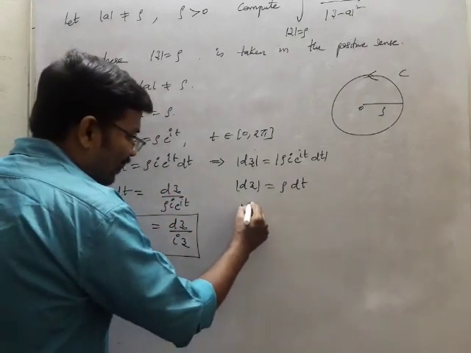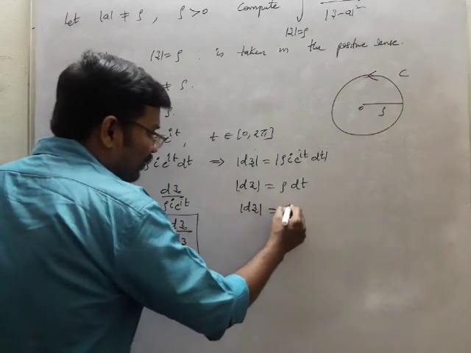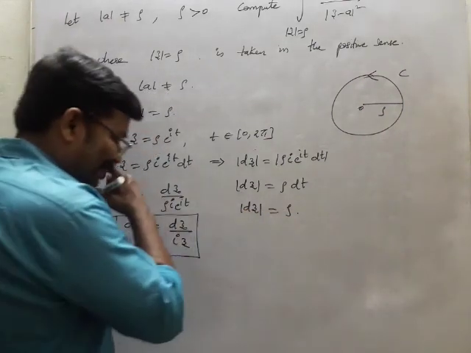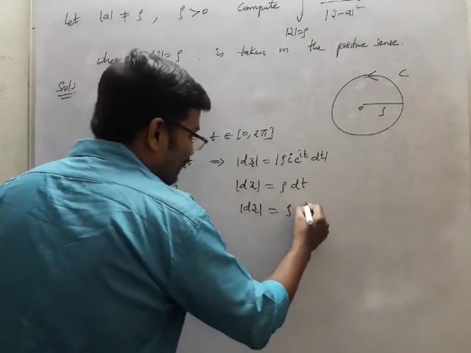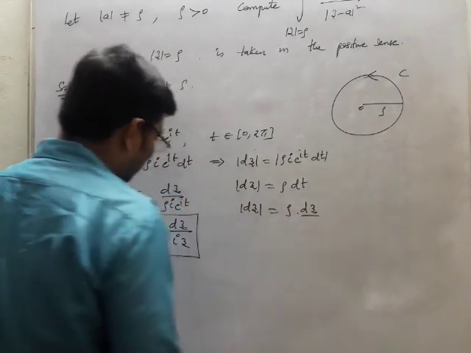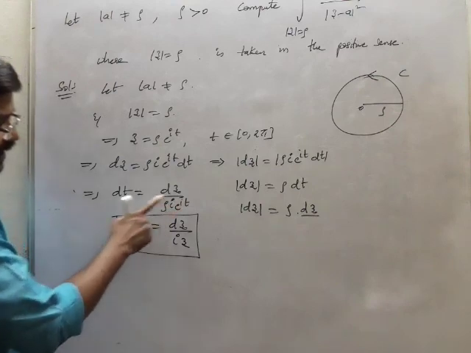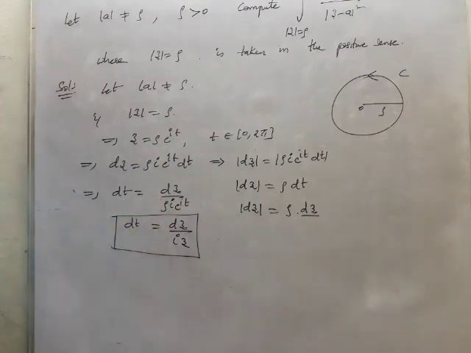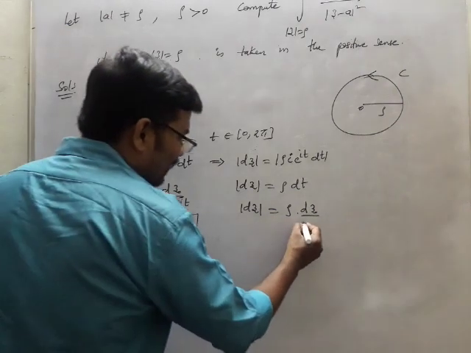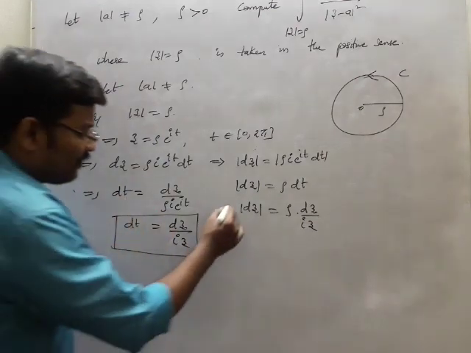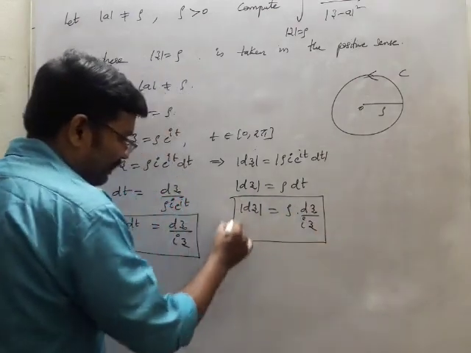So mod dz is equal to rho times d theta, which is dz by iz. So I may write this as rho dz by iz. Now these are the two values you must be able to remember.